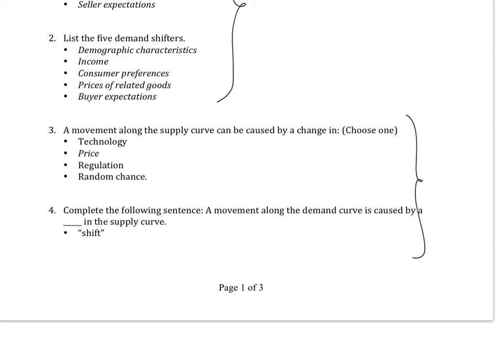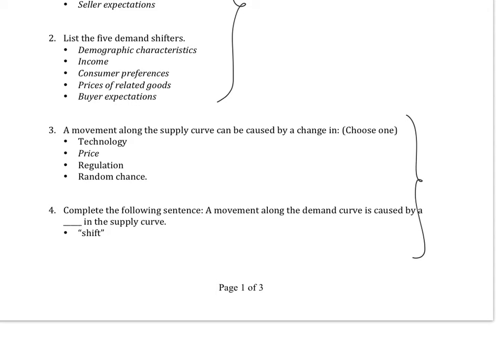I just want to make sure that you are clear that we make a clear distinction between movement along supply and demand, which is strictly due to a price change, versus a shift in supply and demand, which is due to any of those relevant categories, whether they're the 5 demand categories or the 6 supply categories.